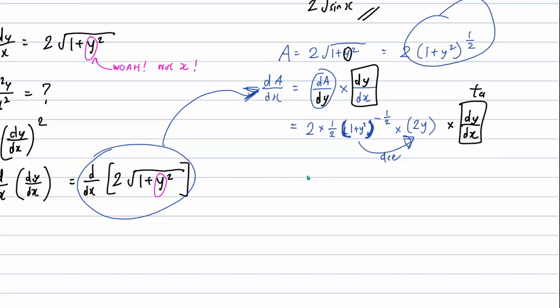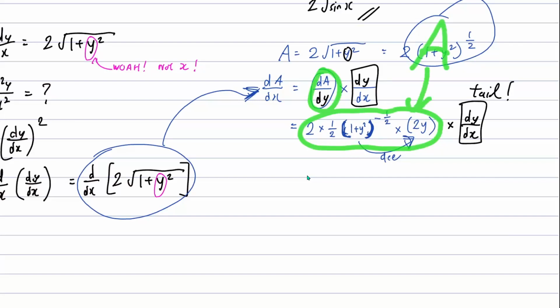Tail only appears one time, sometimes depends on the question. Do you see dA by dy is this entire expression? That's my A, that's my dA by dy. My y is my independent variable now. I hope you're not too confused.